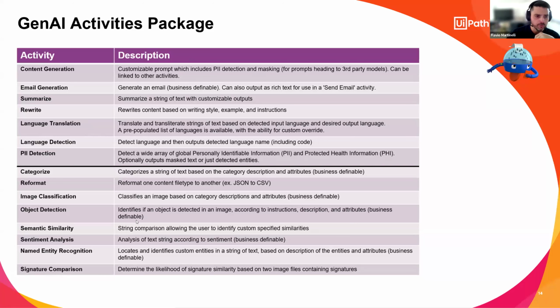And Stefano, I don't know if you will use other of these activities today. Yeah, well, actually, I just want to highlight that these are just some of the activities that are available right now, because UiPath, as you may know, is really fast and efficient at creating new activities and making them available. So I think at the end of this month or in early November, brand new activities will come out.